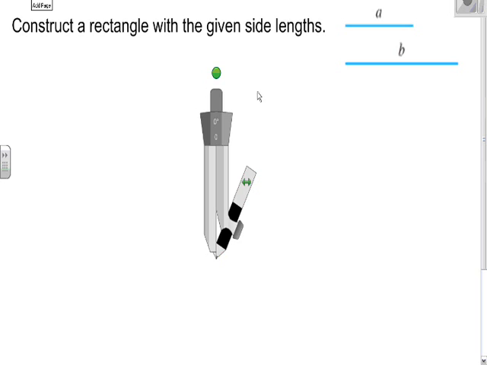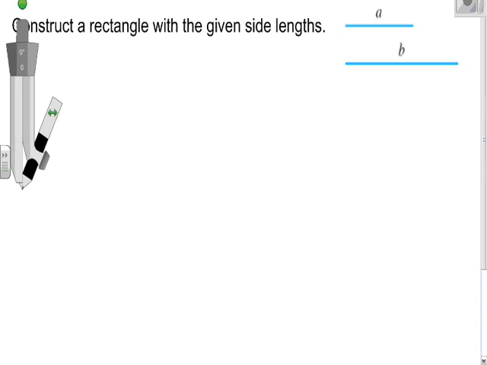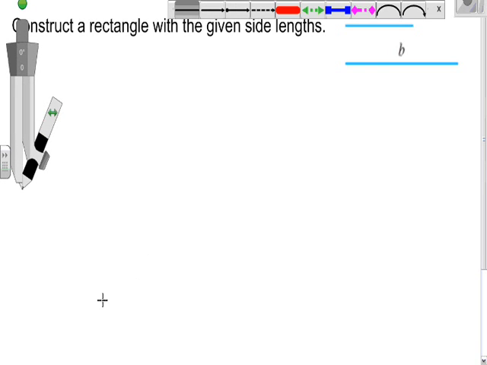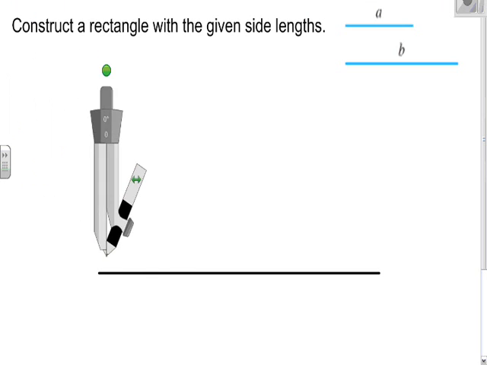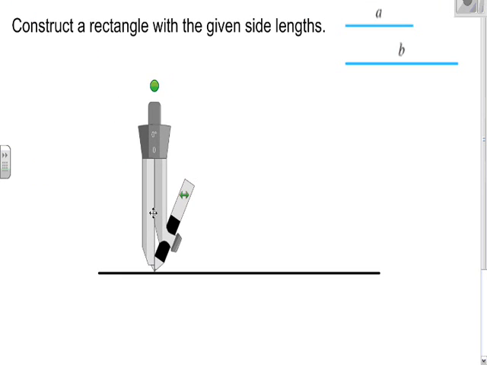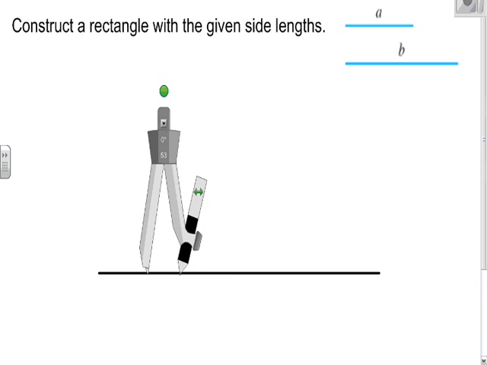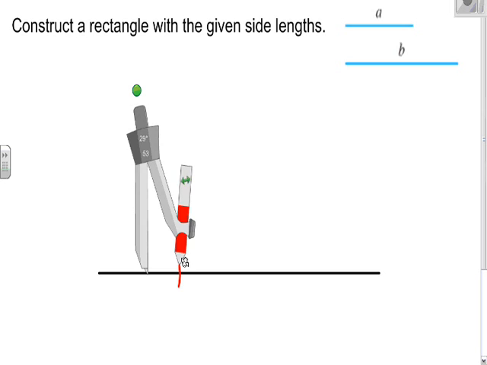Next, we will construct a rectangle given side lengths. So the first thing we're going to do is start with a straight line. Then, since in rectangles all the angles are perpendicular, they're all 90-degree angles, we're going to construct a 90-degree angle. So start by measuring out an equal distance.